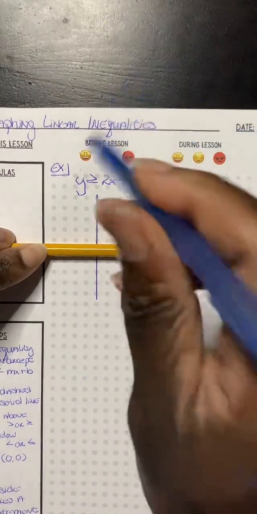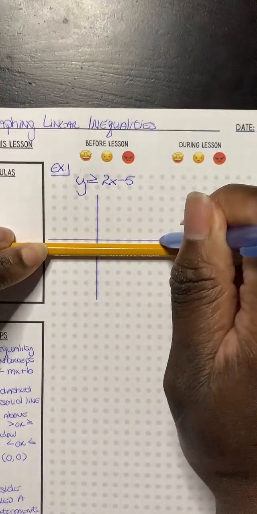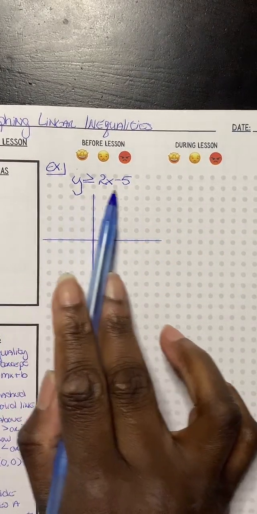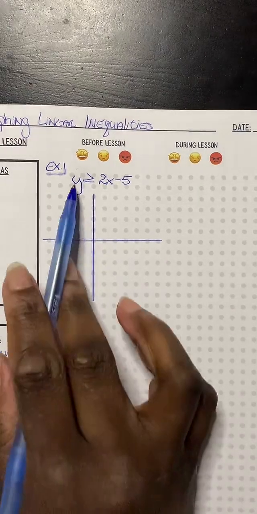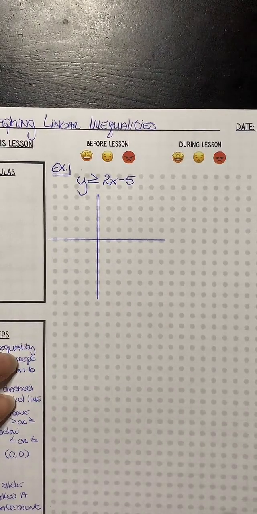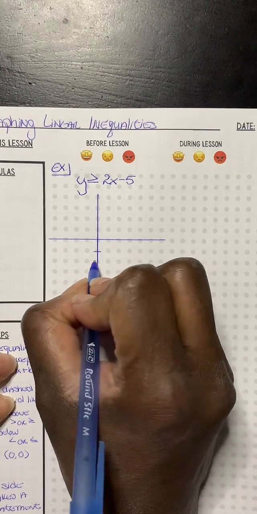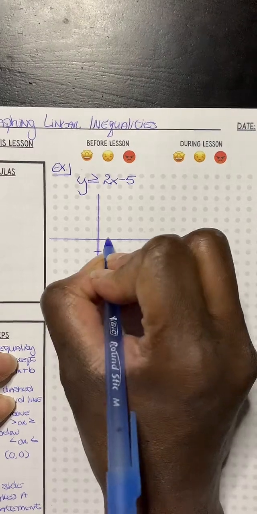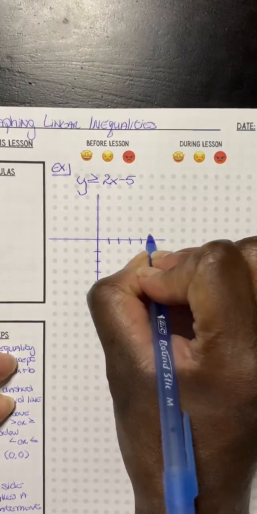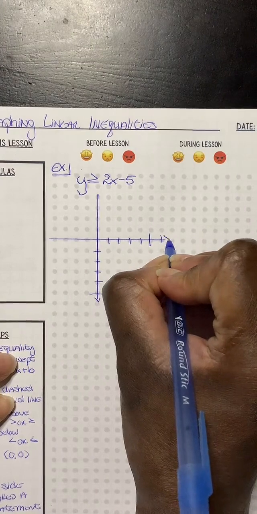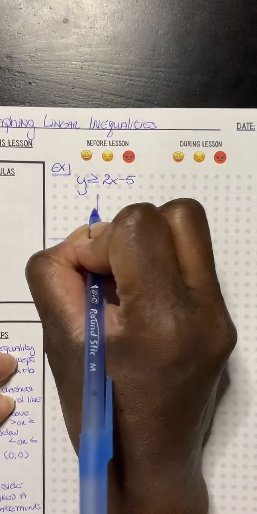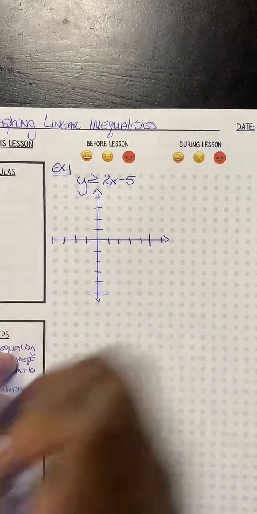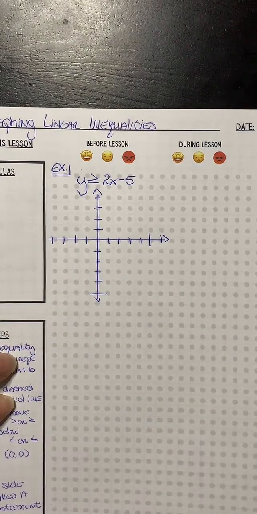So when we're graphing, you're going to put your inequality in slope-intercept form, which is already there. Now, the negative 1, 2, 3, 4, 5, and 1, 2, 3, 4, 5, 6 if we need it. And then I just use my dots to help me with my spacing.